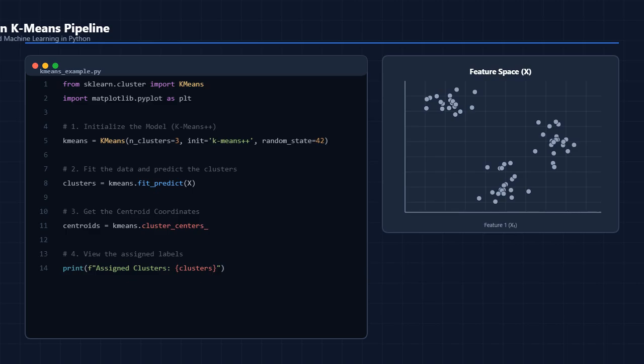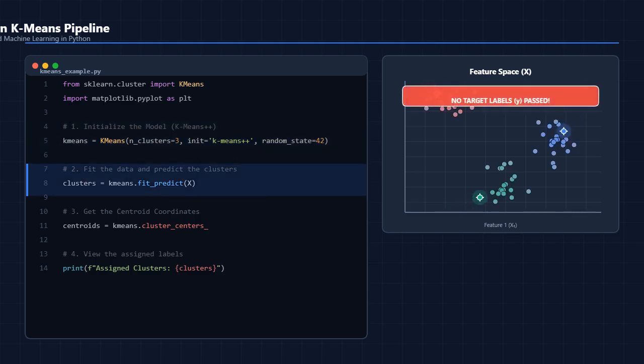Implementing k-means in Python using scikit-learn is incredibly clean and simple. First, we import KMeans from sklearn.cluster. We initialize our model, setting n_clusters to 3. Notice we explicitly set init equal to k-means++ to avoid the initialization trap.